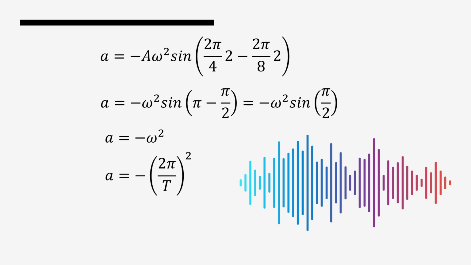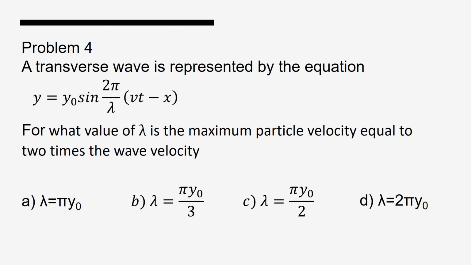On substituting ω = 2π/T, we get a = −(2π/T)². By substituting T = 8 seconds and simplifying further, we get a = −π²/16 m/s². Option C is correct.